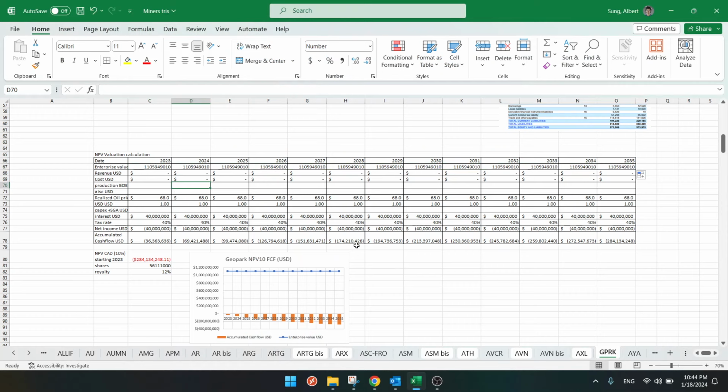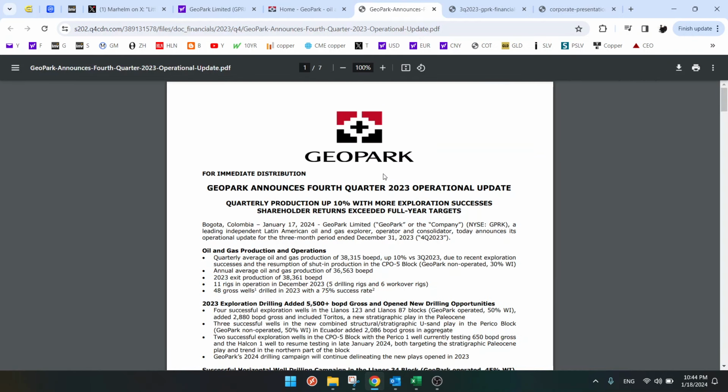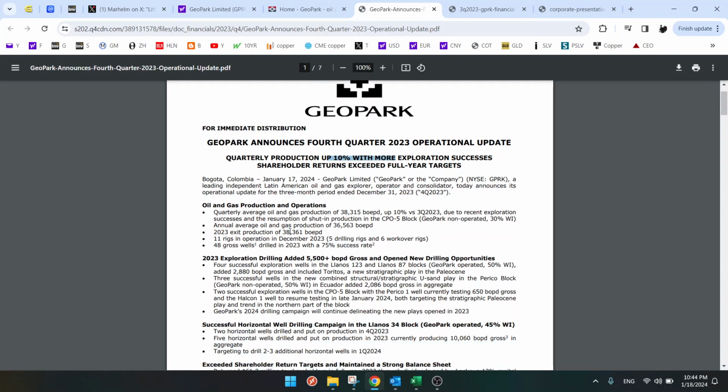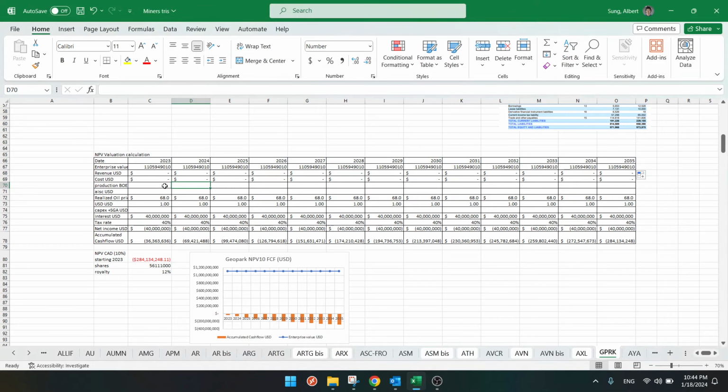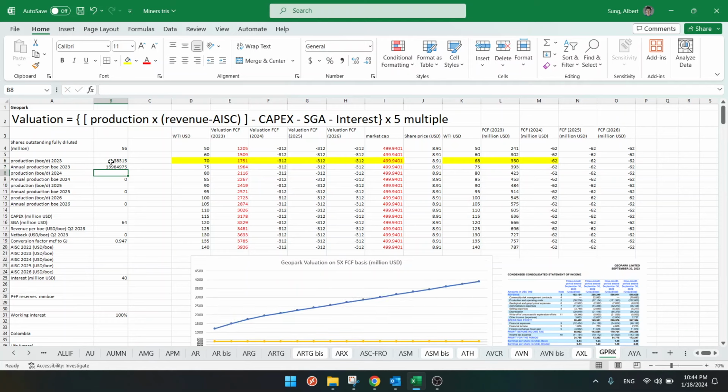Let's continue looking deeper. Production is 10% up, that's good. Oil and gas of 38,315. Probably this will be the same in 2024. Yes.